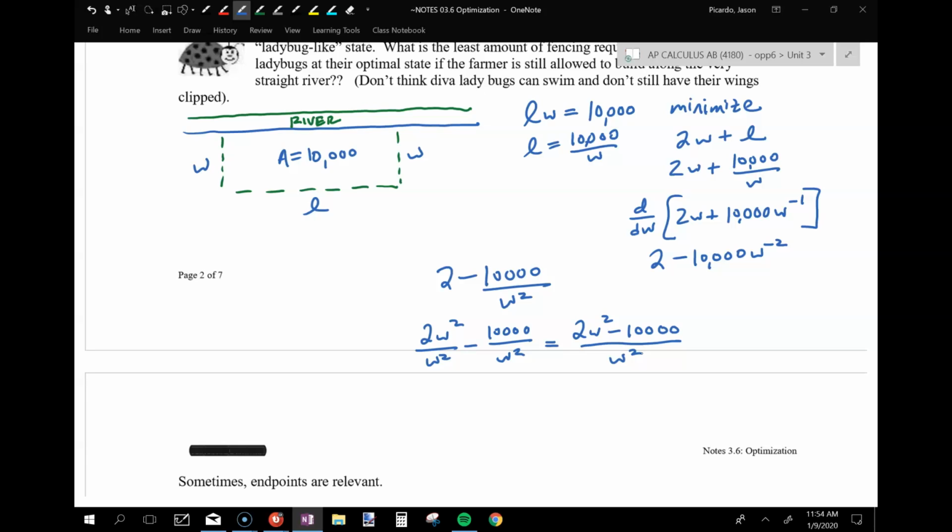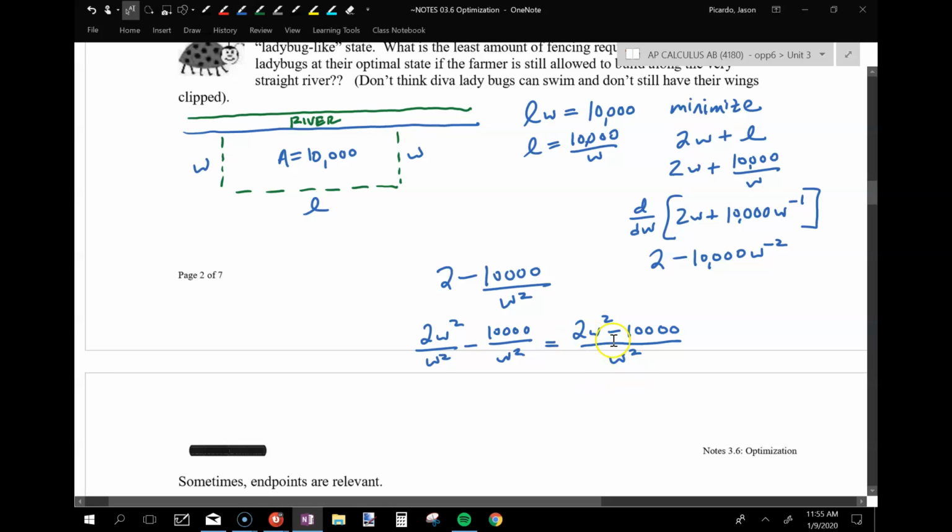Okay, so critical values occur when the derivative equals 0 or does not exist. So one of the critical values is going to be 0. We already knew that was a value that we would consider because that would be one of the endpoints of the domain here, right? But again, do we really care about the 0 in this case?